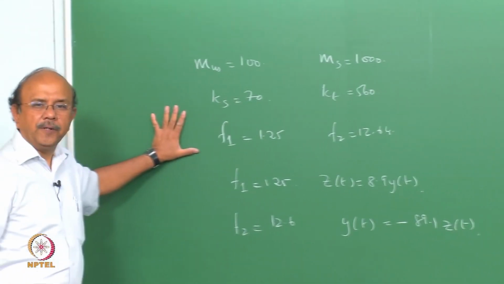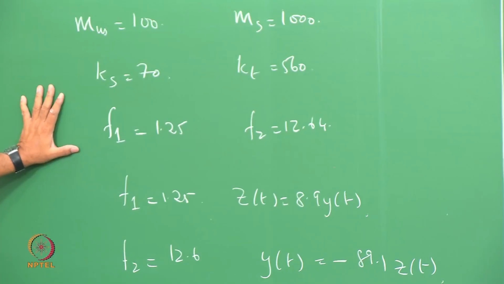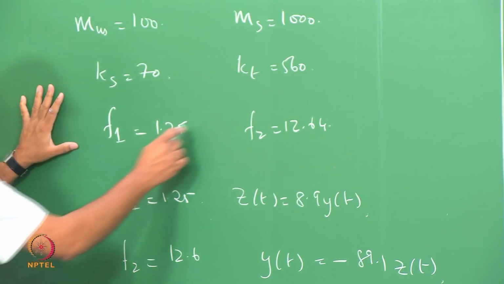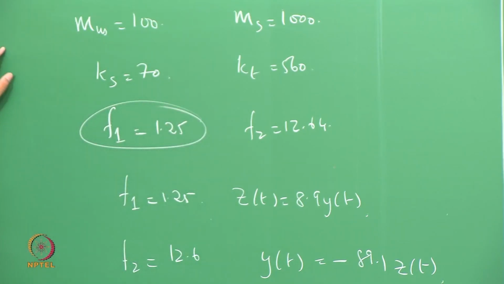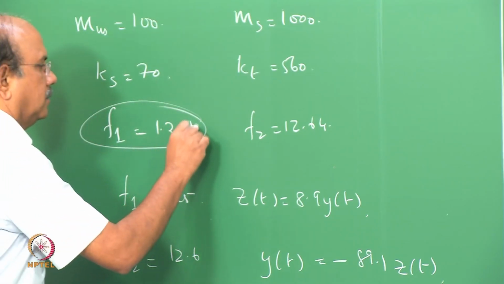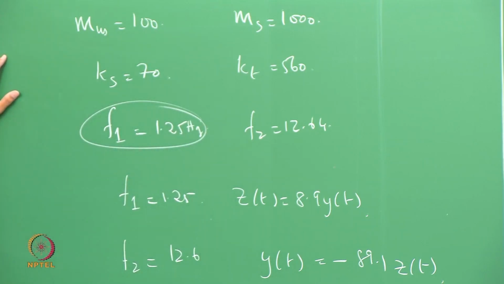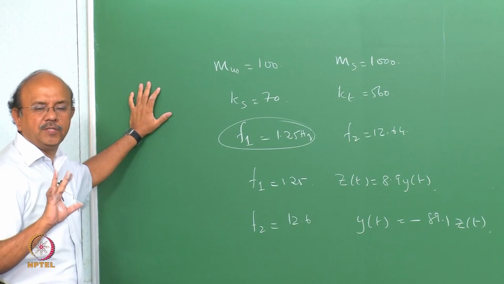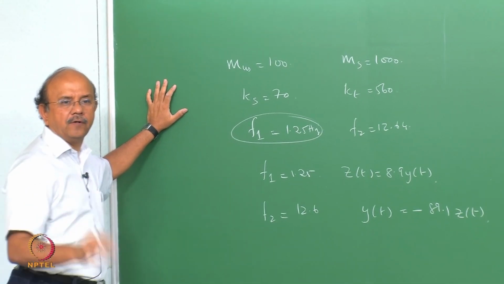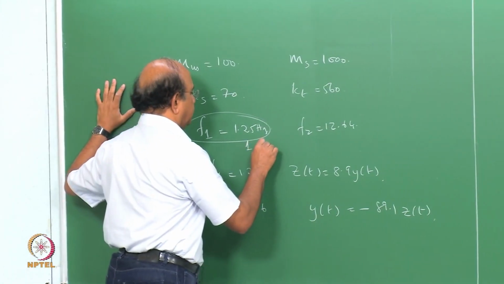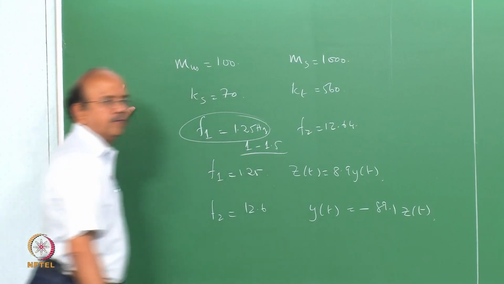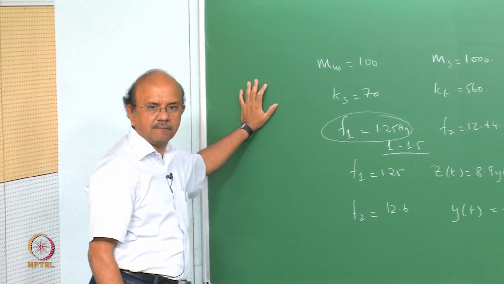These are typical values. This omega 1, which is in hertz of course, 1.25, is a typical value and usually is between 1 to 1.5 for all the vehicles.